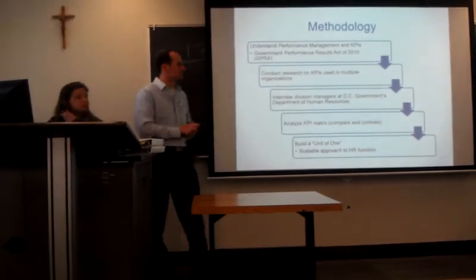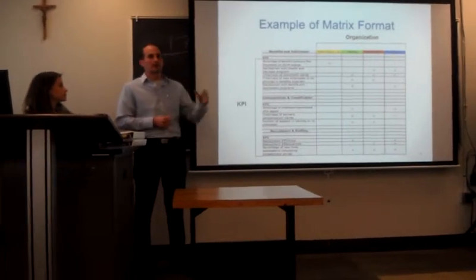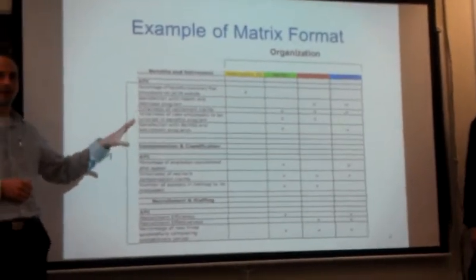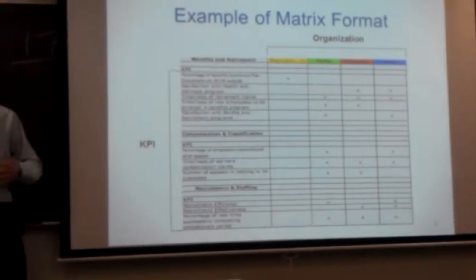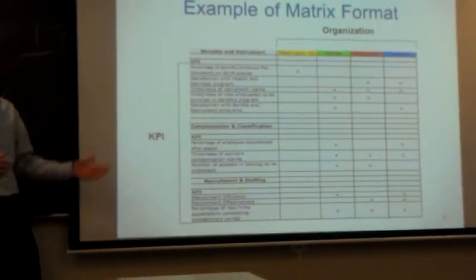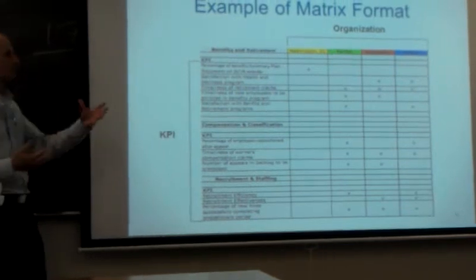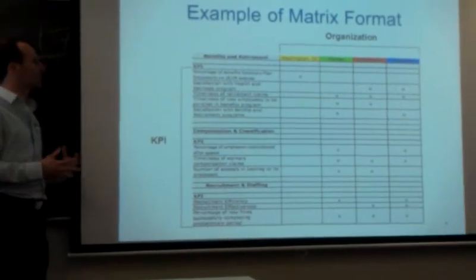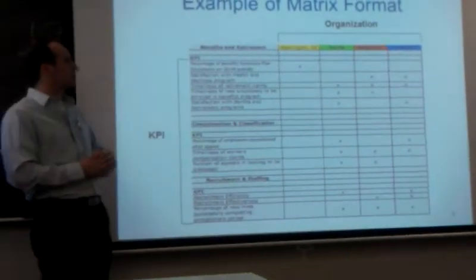To give you an example of what the matrix looks like, you can take a look at this. It looks a little weird because we blurred it out a little bit because we don't want you to focus on the words necessarily, the particular KPIs that are listed there. Instead, we want you to see what the format looks like. This is the sort of thing we were dealing with in our research. Of course, it was a lot bigger and had a lot more information in there, but this is essentially what our matrix is.